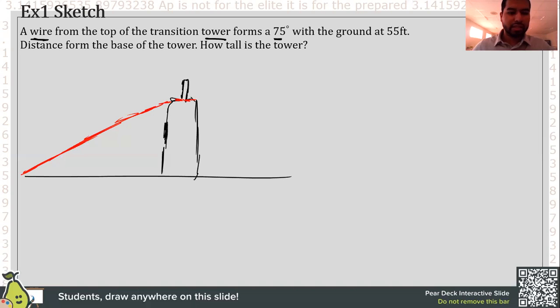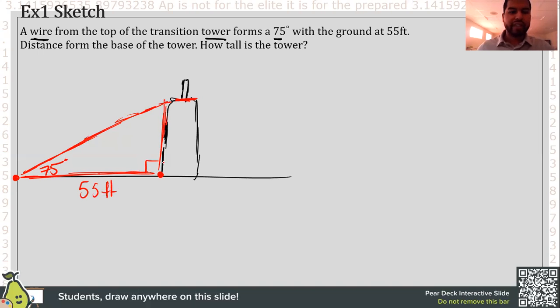This is the top, right? So we have something like our right triangle right here. And the angle that is formed at the horizontal, at the ground, to the top of our tower is 75 degrees. Now the distance from this point to the base of this tower is 55 feet.